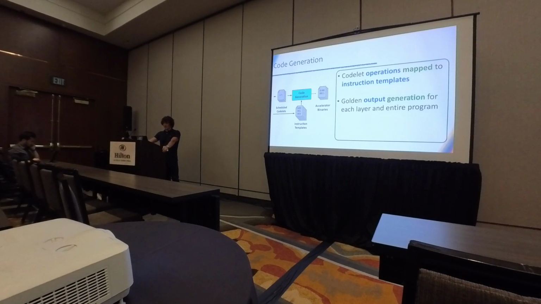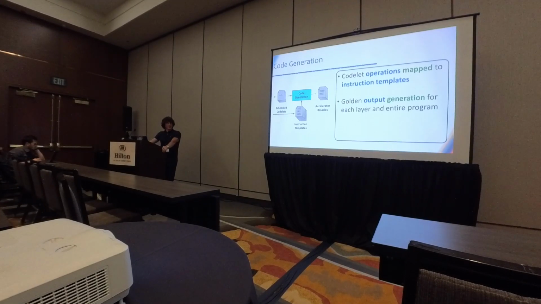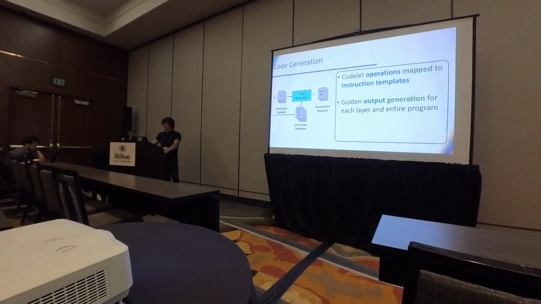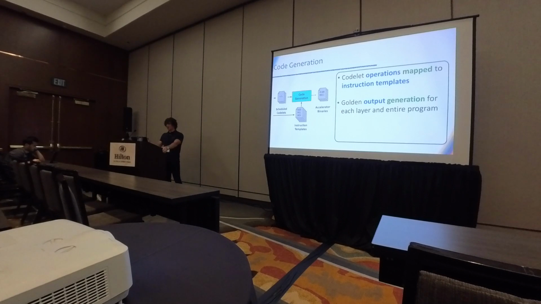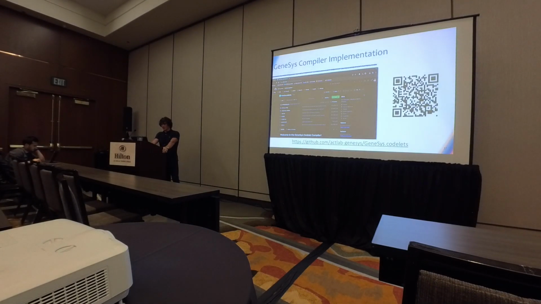Additionally, if desired, we can also do golden output generation. It uses random data generated, and this can be used for additional verification and such. So this is the GeneSys compiler implementation.